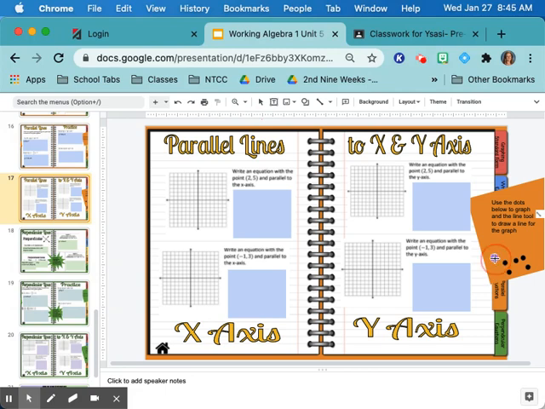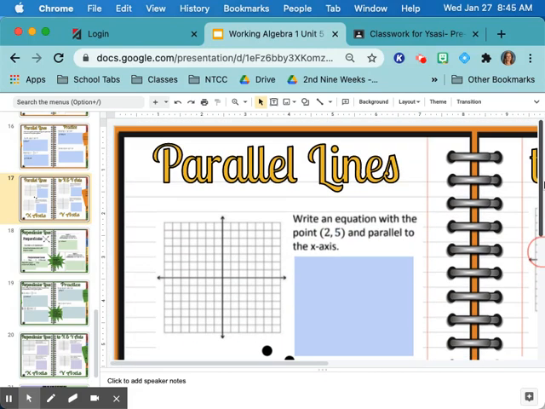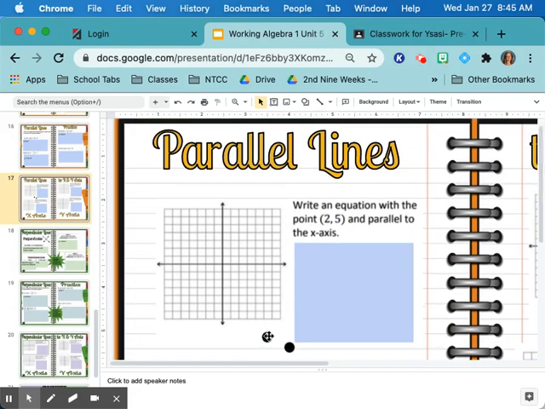Oh, good. All right, awesome. I'm going to grab 2 points and move them over here so I can use them. All right. So we need to plot a point at (2, 5). So over 2, up 5.